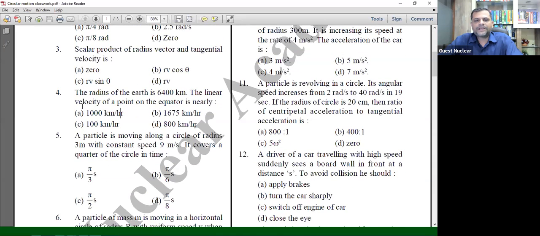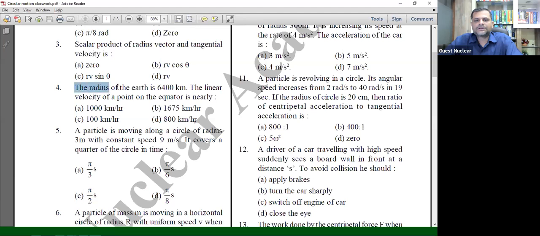That is, the radius of Earth is 6,400 kilometer. The linear velocity of the point on the equator is nearly equal to. So see here, radius of Earth is given, and we want to find out the linear velocity of the point on the equator.